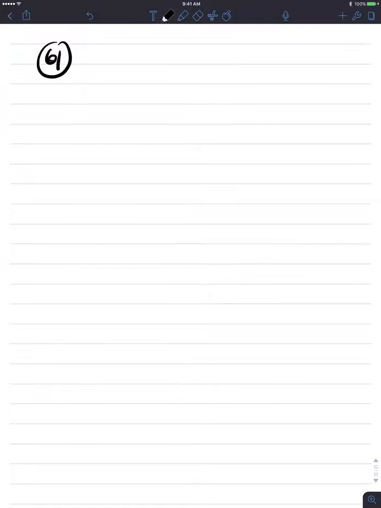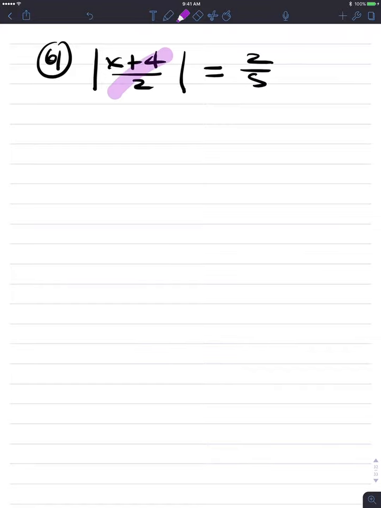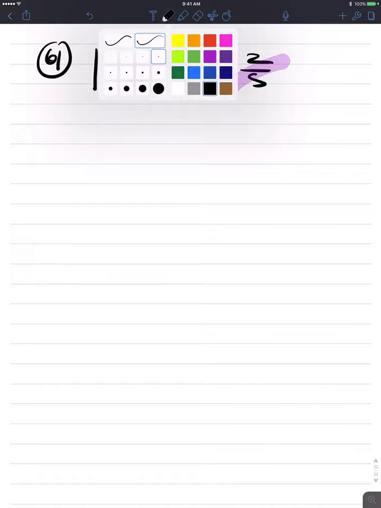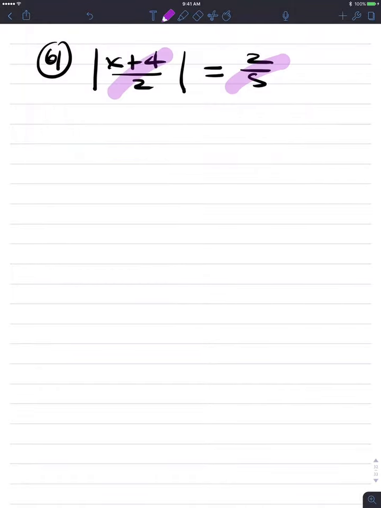Number 61. The absolute value of x plus 4 over 2 is 2/5. This does happen. The fraction is equal to a positive number, that 2/5 is positive. So in one case, the fraction is a positive 2/5.